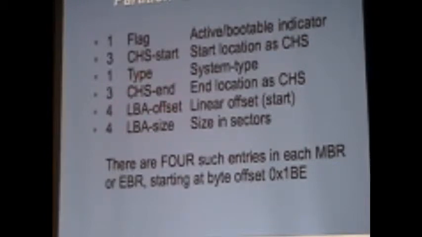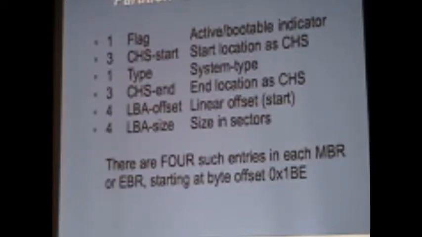Actually, the start and the size are coded there twice. One time in the classical, old way, which is called CHS addressing. That's from the old physical disk layout, where you have cylinders, tracks on the cylinder, multiple platters, and a read-write head for every platter. Those values are coded into the partition table.